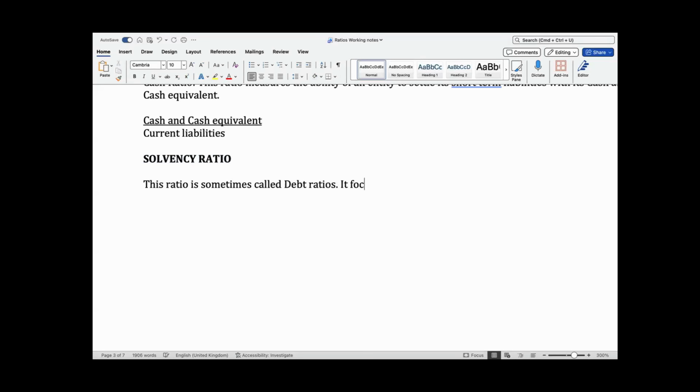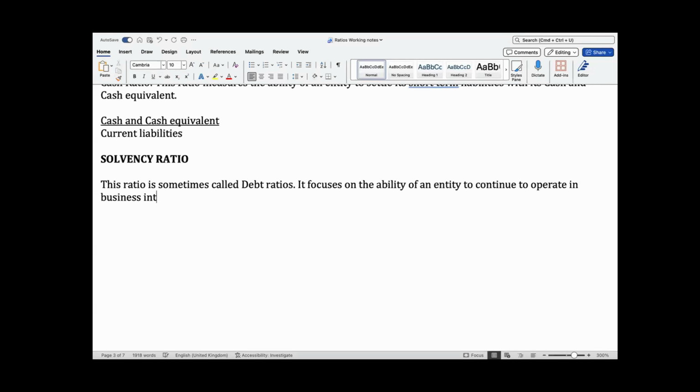And it focuses on the ability of an entity to continue to operate in business into the foreseeable future, given its level of financial risk.